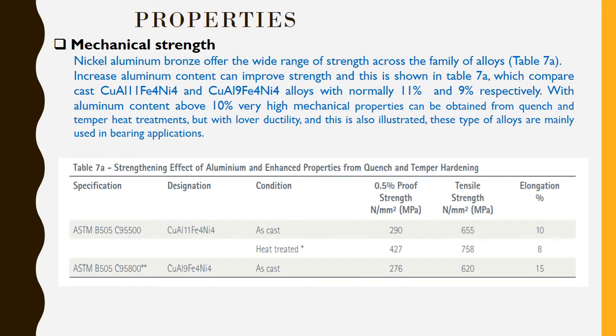With aluminum content above 10%, very high mechanical properties can be obtained from quench and temper heat treatment, but with lower ductility, and this also illustrates that this type of alloy is mainly used in bearing applications.